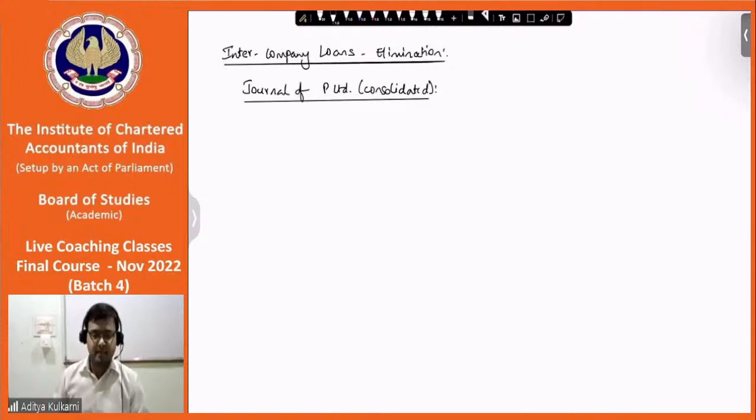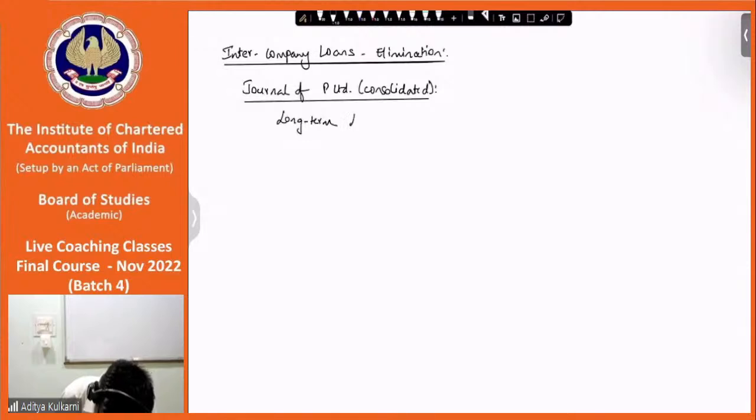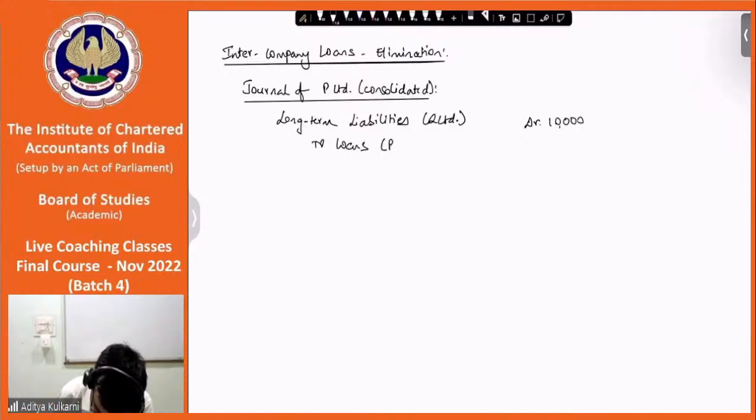This entry is passed in the consolidated books where long-term liabilities of Q Limited debit 10,000 to loans of P Limited.